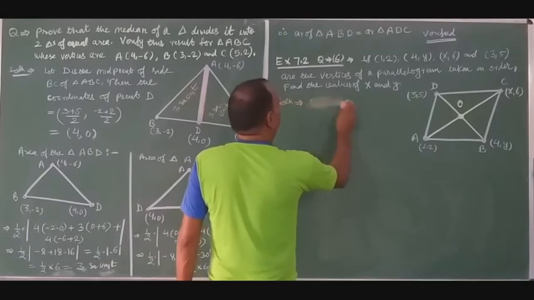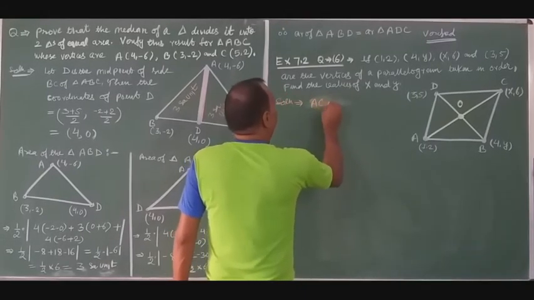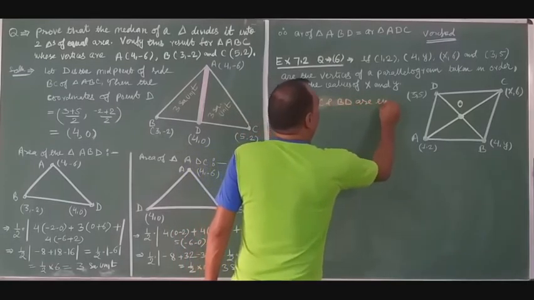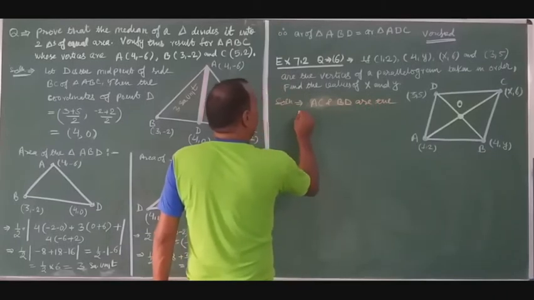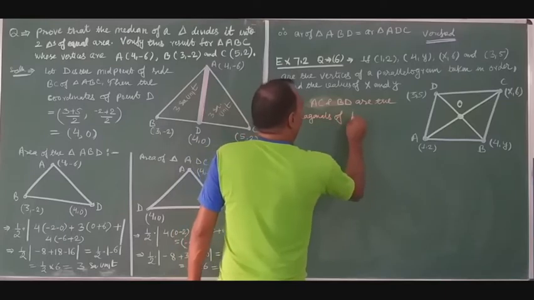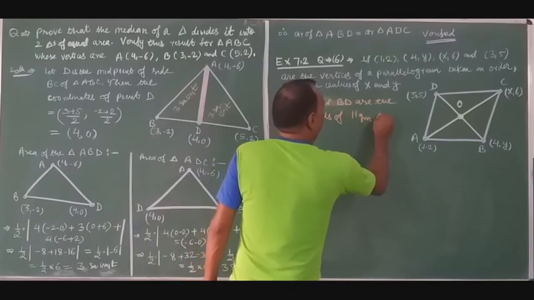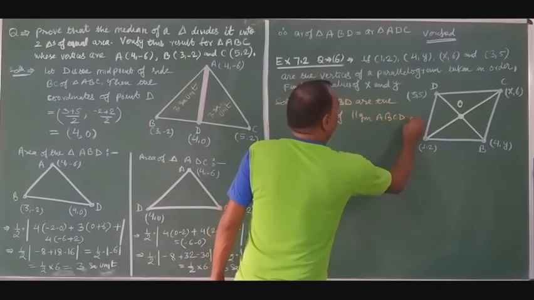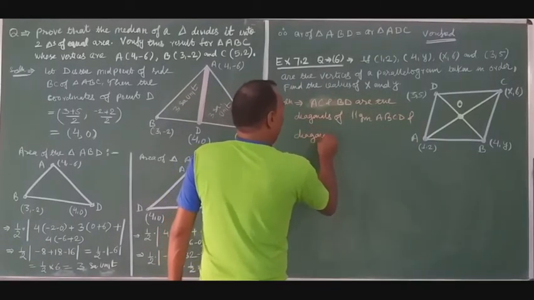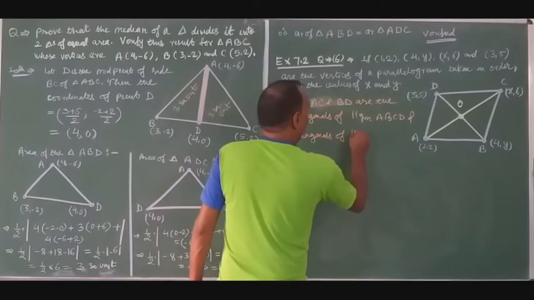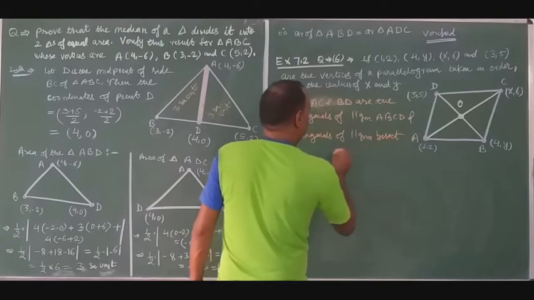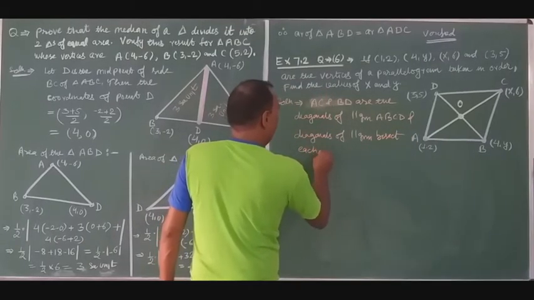Now, if you join them, AC and BD are the diagonals of parallelogram ABCD, and the diagonals of a parallelogram bisect each other.